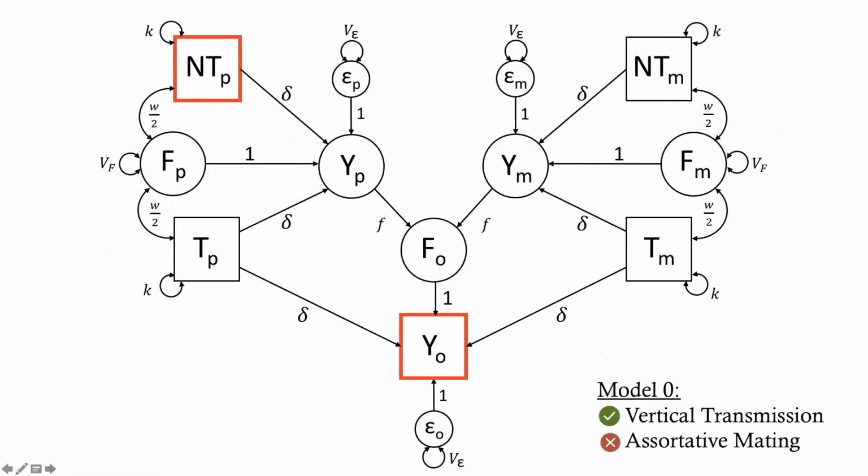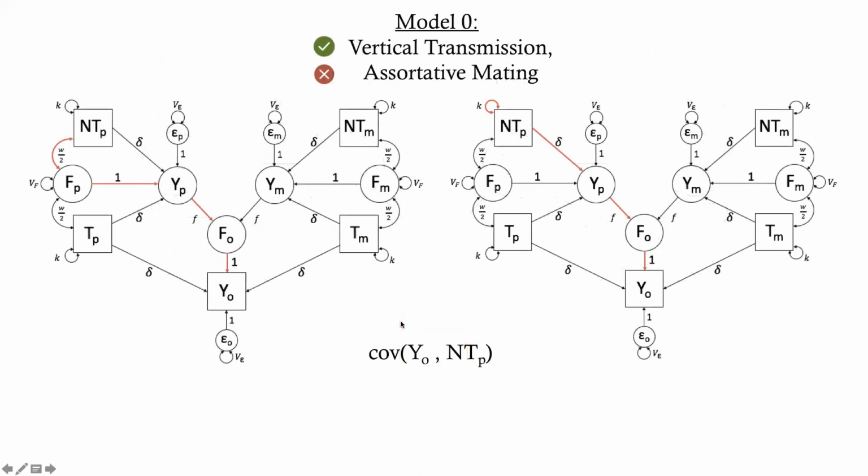So for this covariance between these 2 variables, there are exactly 2 paths that meet all of those path tracing criteria. So once we've identified what those paths are, we can multiply the coefficients within each path and add that to the other paths.